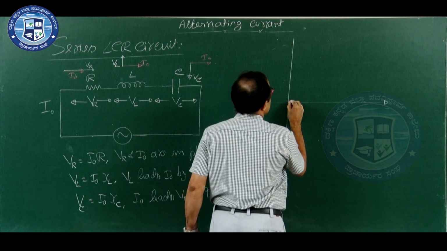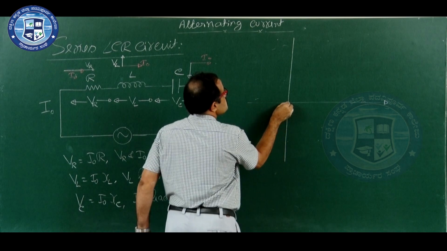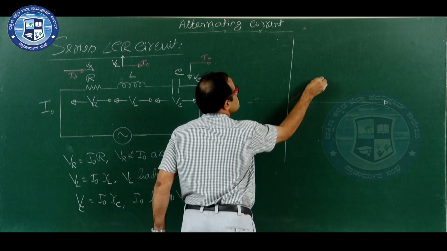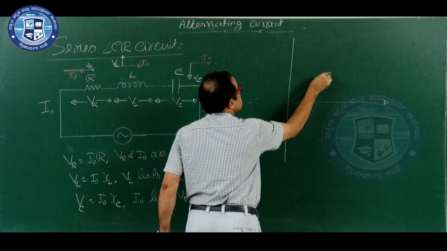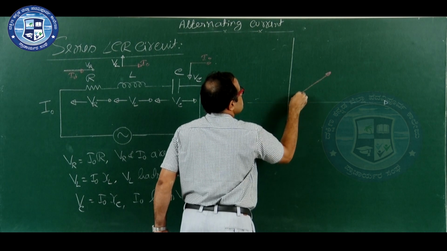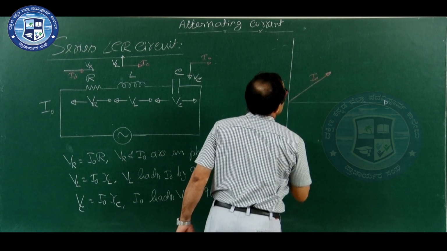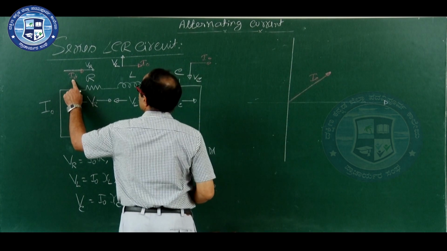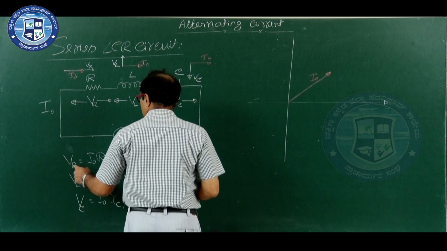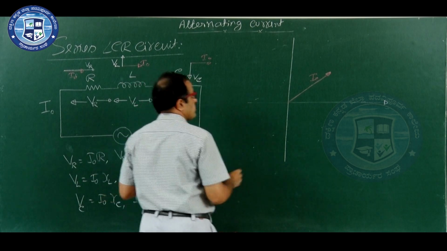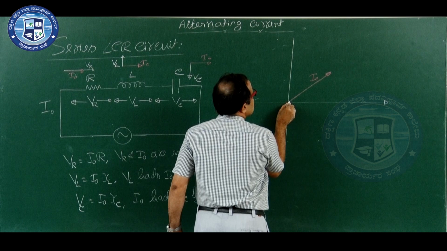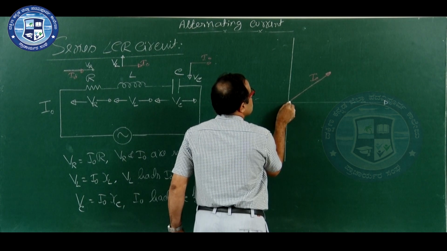See here, this is I naught. And what about VR? VR is the peak voltage across resistor. It is in the same direction. Voltage and current are in phase.